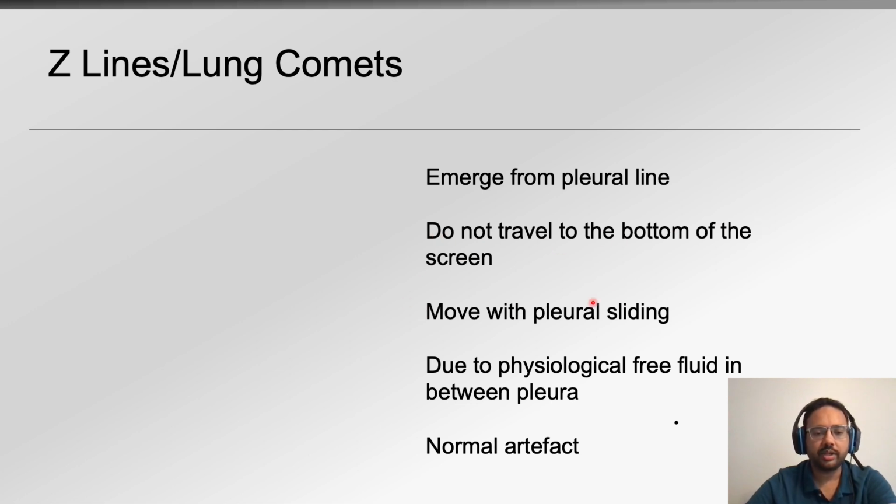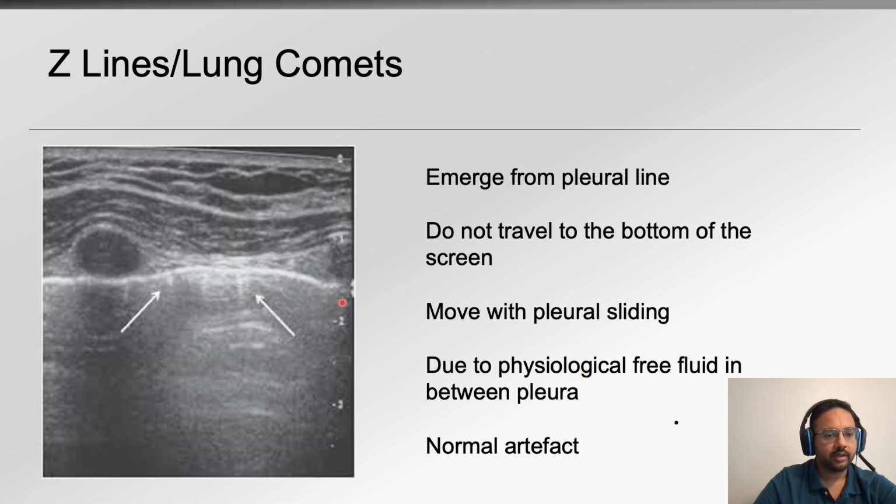They move with pleural sliding, and they are formed due to the physiological amount of free fluid in between the pleura, and again, this is normal. So here is a still image of what this looks like. You can see the bright white hyperechoic line, which is the pleura, and then the arrows point to these vertical artifacts, which are known as the Z lines.